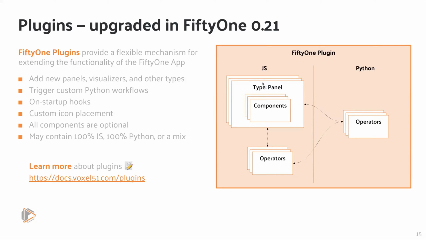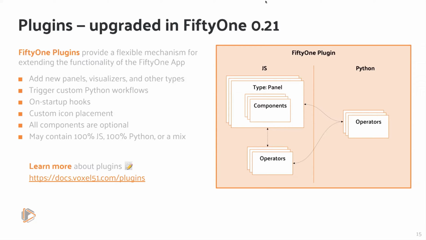You can build custom visualizers that render information about samples, images, and videos and their labels in your data sets. You can do things like configure that certain pieces of code should run when the app starts, or place custom icons in the app to give users entry points into that custom functionality that you built.